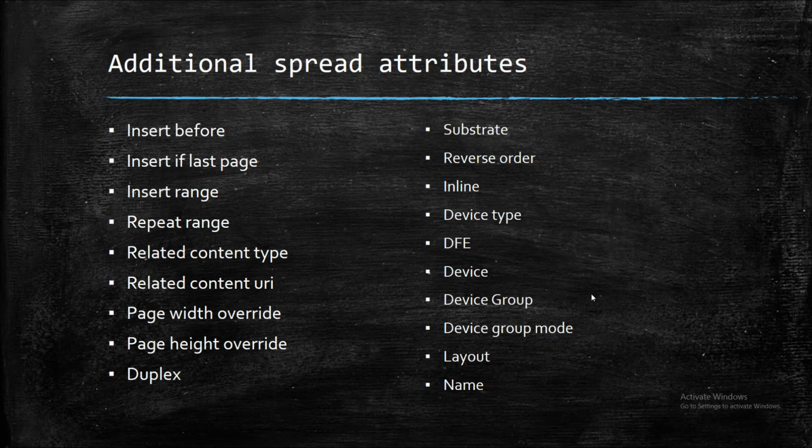An inline spread simply is going to be generated within the job that's being generated. So if we're generating a book block job that has 50 spreads in it, and we have an additional spread where the value is set inline equal true, then that batch ticket, or that additional spread, I should say, is going to be included in that press job for the book block.